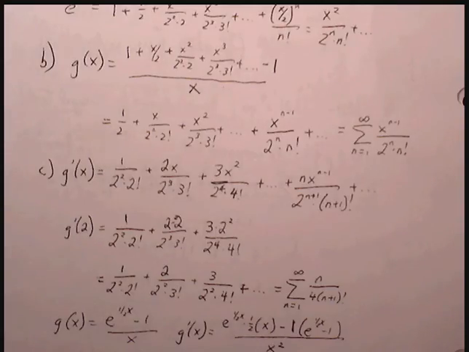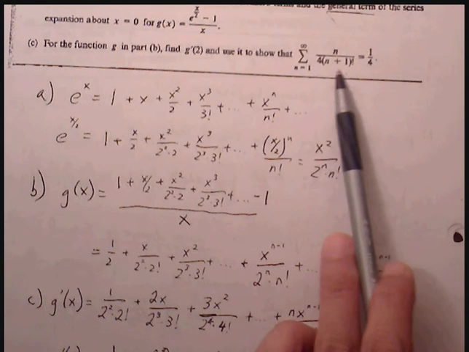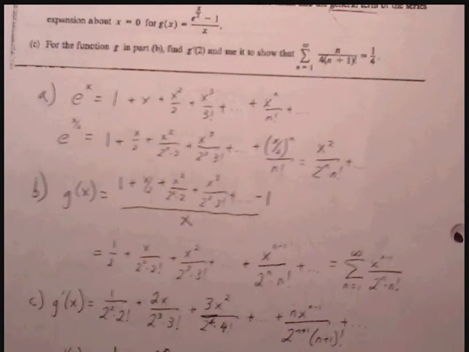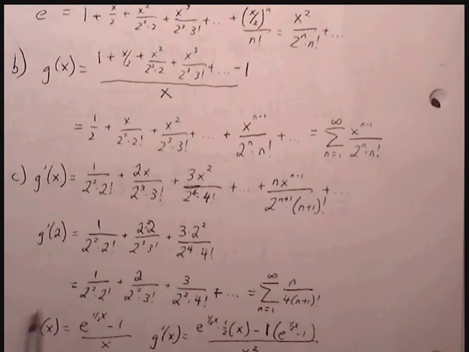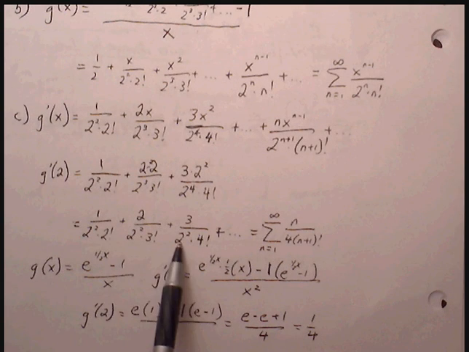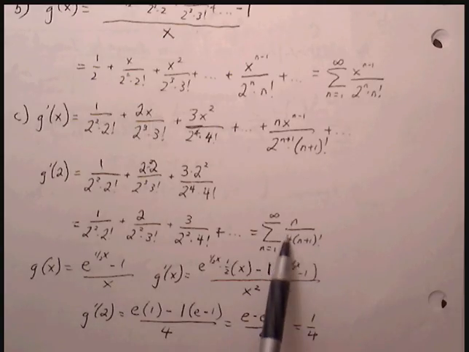And now we want to show that the summation from 1 to infinity of n over 4 n plus 1 factorial is equal to 1/4. So what we can do is we see these few terms here, right? These few terms, if we clean this up, are the result of n over 4 n plus 1 factorial.